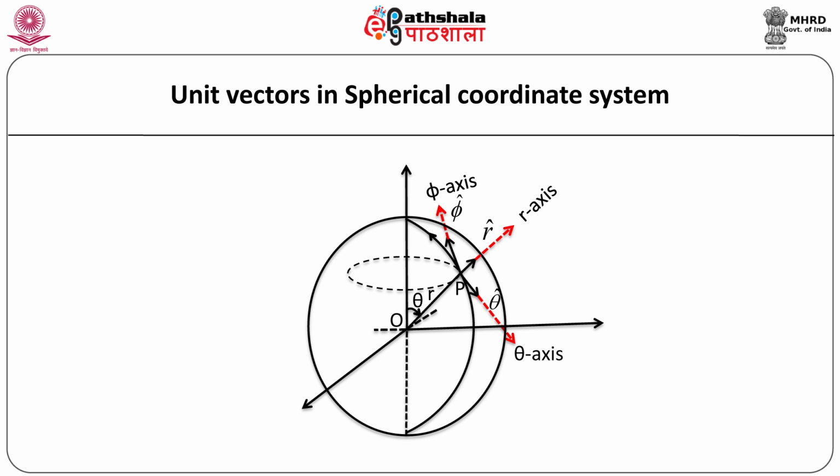In spherical coordinate system, the axis for r bar is the position vector r. The theta axis is along the tangent to the vertical circle at point A drawn in the increasing direction of theta, while the phi axis is along the tangent drawn to the circle at point A in the increasing direction of phi and parallel to xy plane.